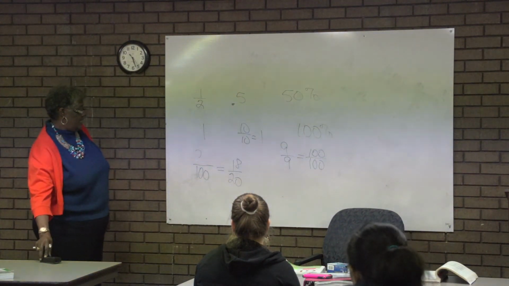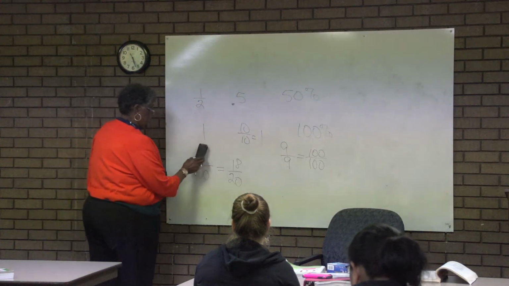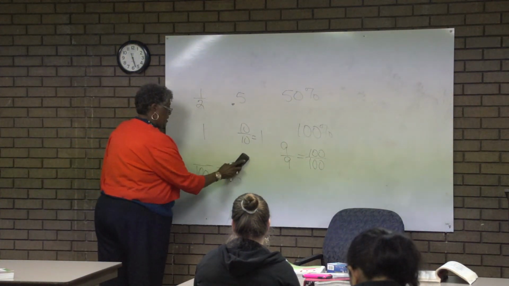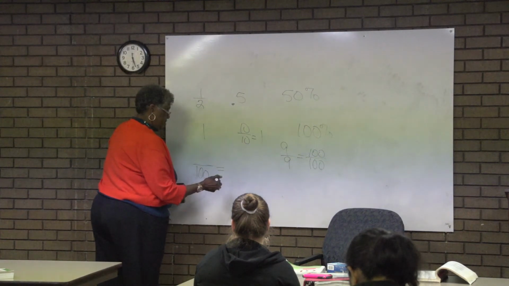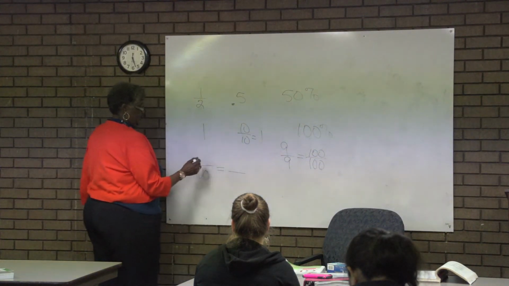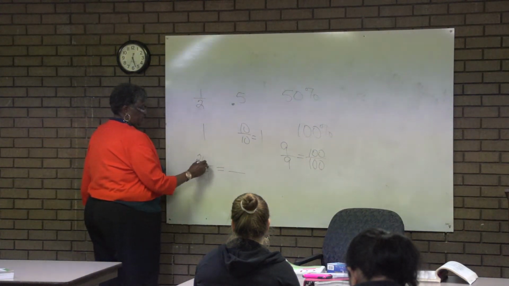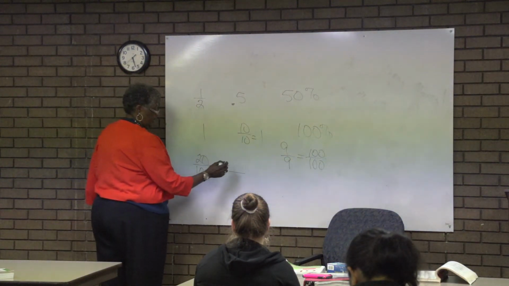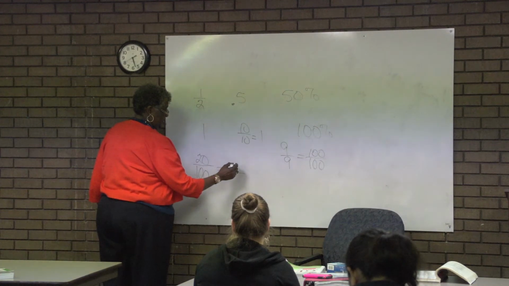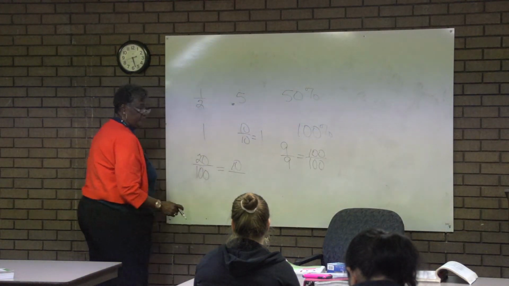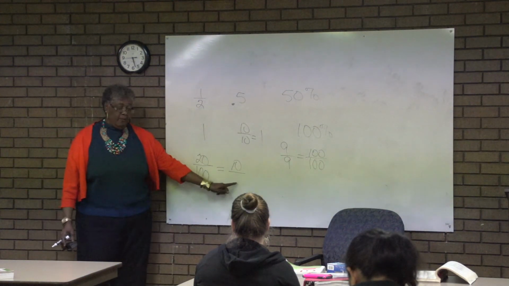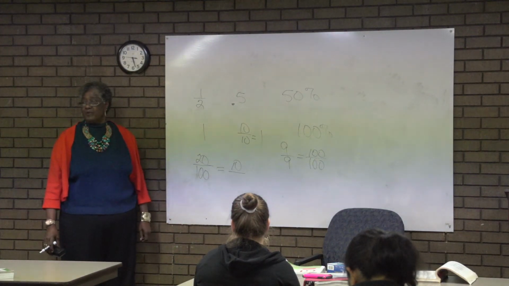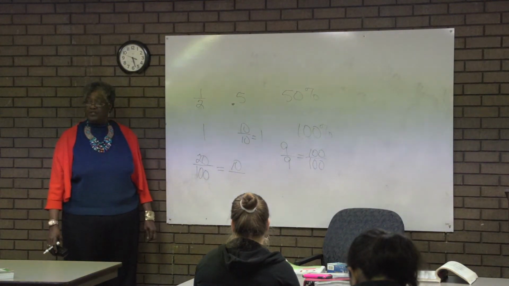Or they might say he got 20%, or it would be 20 out of 100, if he got 10 right. How many were in his whole? They could ask you any of those questions.